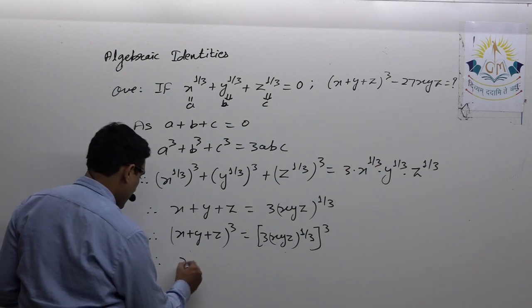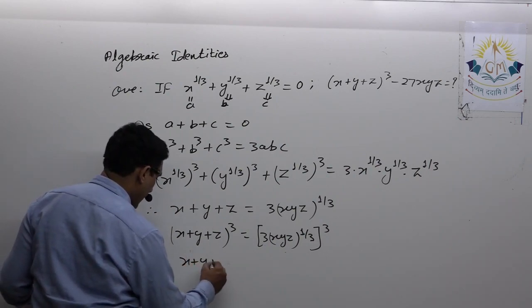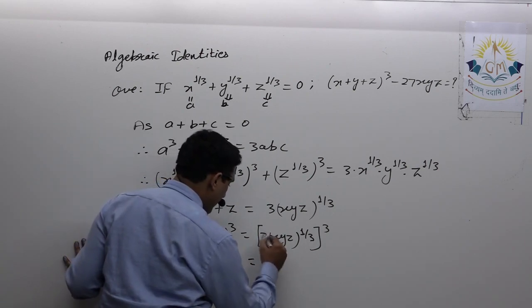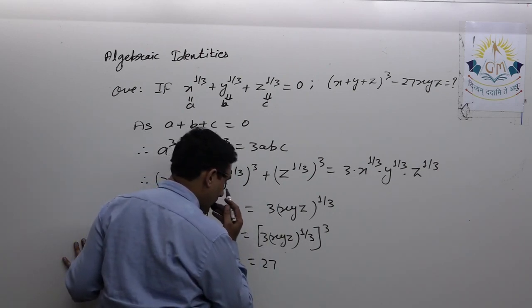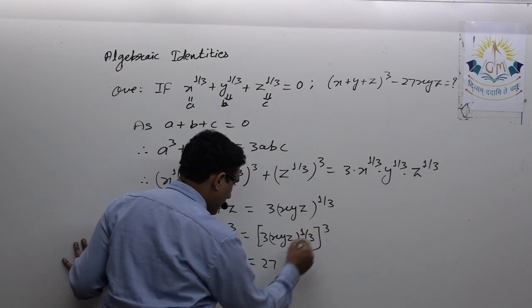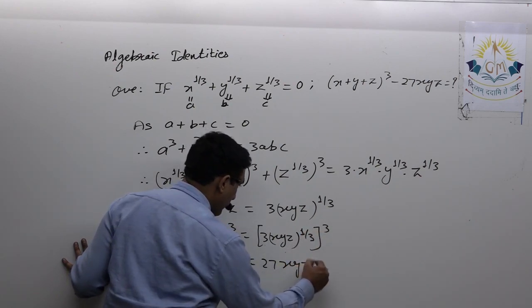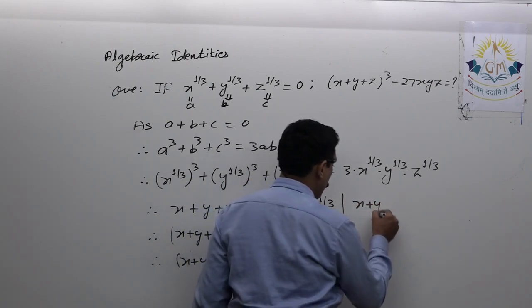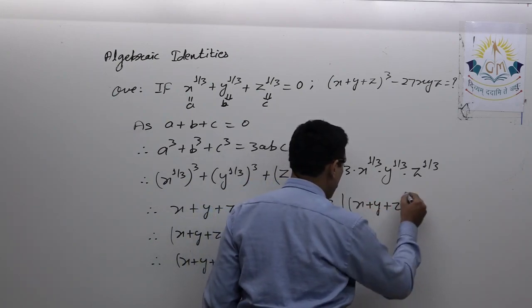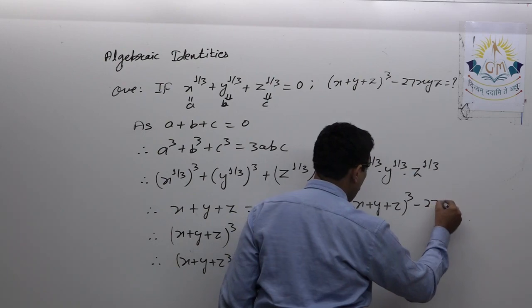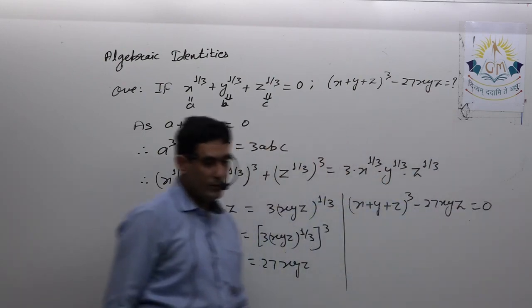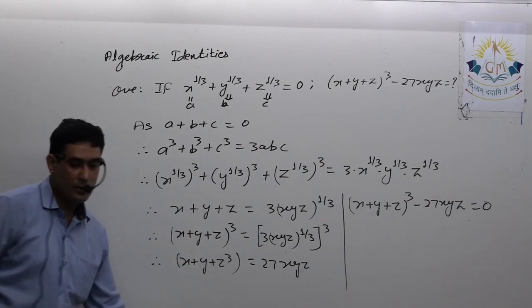That gives me x plus y plus z whole cube is equal to 27, since 3 cube is 27, and over here the 3 and 3 cancel out, so I get xyz. So ultimately x plus y plus z whole cube minus 27xyz is equal to 0. So the value of the expression given is 0.